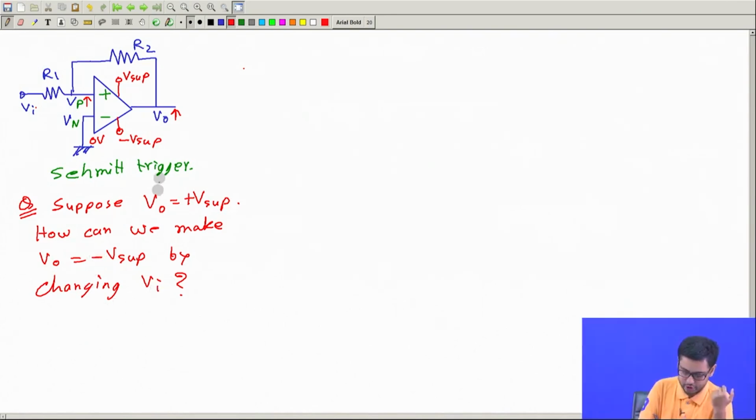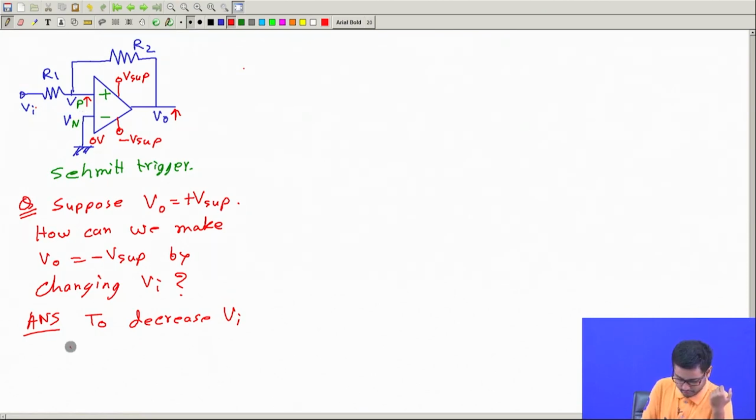You see that to make it negative, we have to bring this value down lower than 0, and that is possible by bringing Vi down sufficiently. So the answer is we have to decrease Vi.